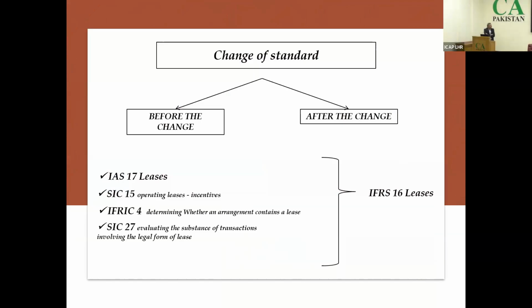Previously, there were four documents by the International Accounting Standards Board, and those have been replaced by International Financial Reporting Standard 16. IAS 17 was primarily dealing with the accounting of leases, and SIC 15 was dealing with incentives in operating leases. IFRIC 4 was dealing with more complicated areas, whether the contract is a lease or not.